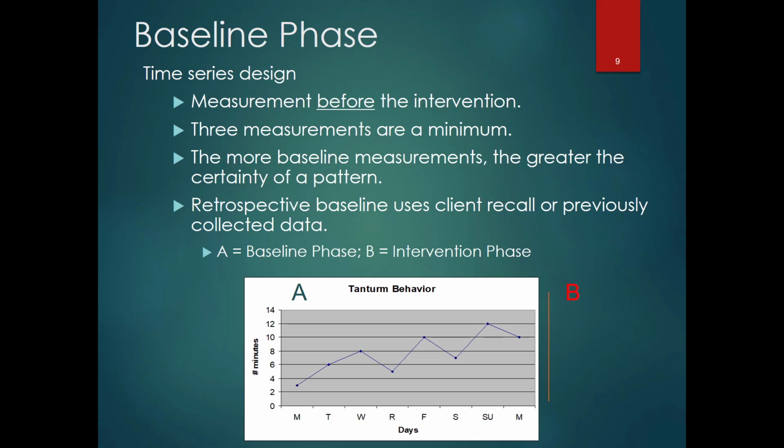So a minimum of 5 measurements is useful to establish a baseline. In general, the more baseline measures that we take, the greater the certainty of the pattern. As an example, a baseline may measure the number of times a child has a tantrum when they're told no. The pattern of the baseline can fall into one of 4 different categories. For example, it can be in an ascending, descending, stable, or unstable pattern.